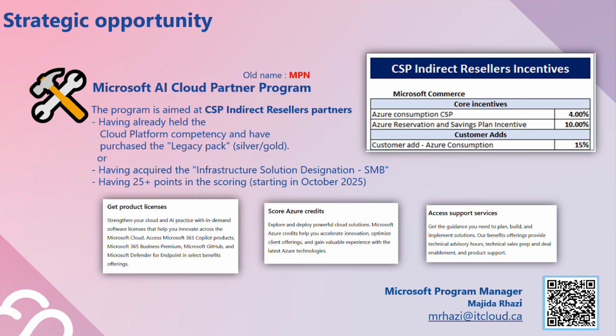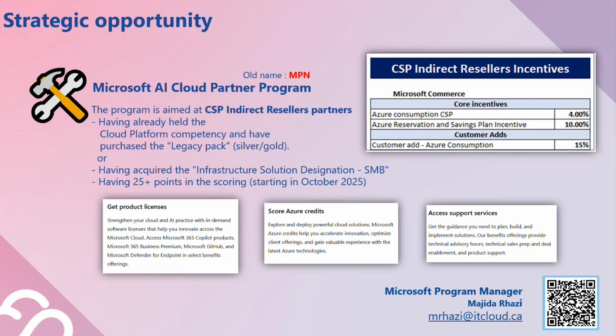Oh yes, and we must not forget the famous Microsoft AI Cloud Partner Program, formerly named MPN, the Microsoft Partner Network. If you have access to this program or if you are new to it, remember Microsoft applied some changes maybe a few weeks ago. So click on the link in the email from Majida, or scan the QR code, and have an appointment with her.